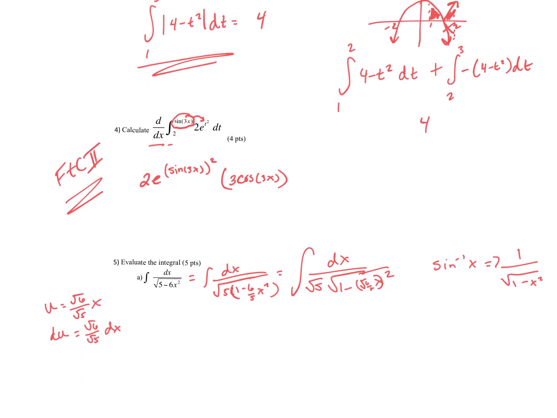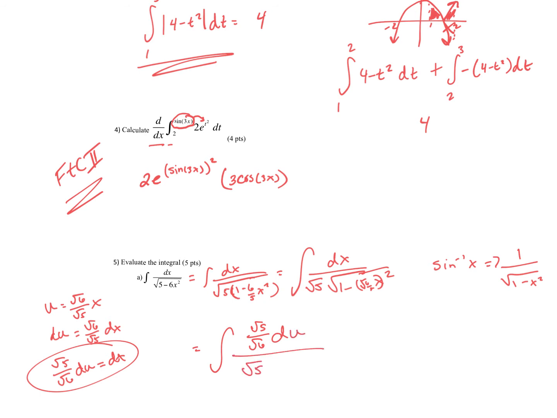So I get that out of there because I only really want to replace the dx. I only have to replace terms with variables in them. So root 5 over root 6 du is dx, and that's what's going to go in. So now I have the integral of root 5 over root 6 du divided by root 5 square root 1 minus u squared.